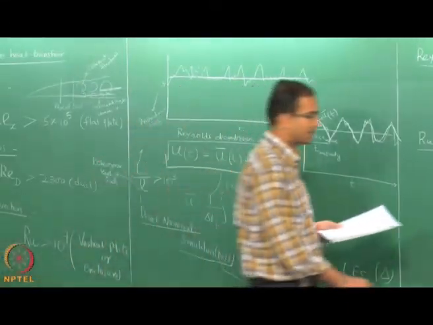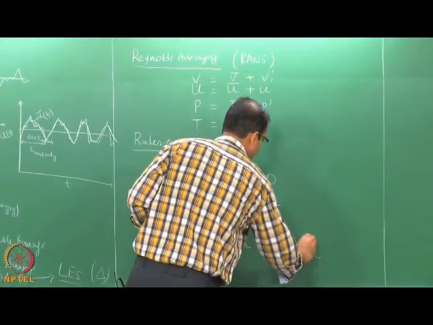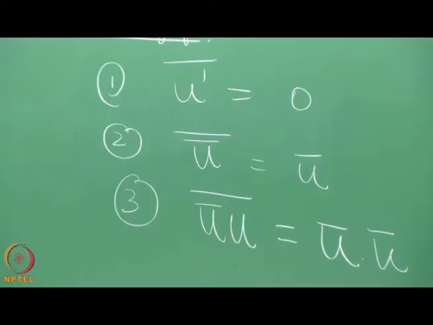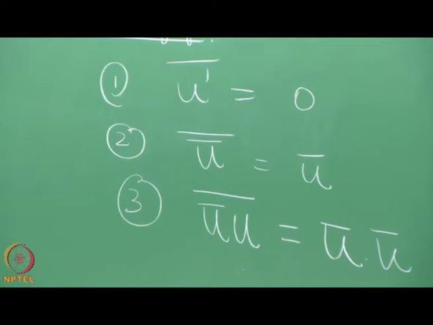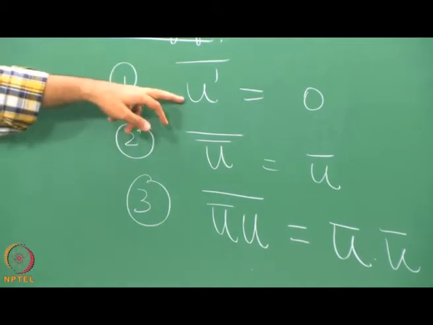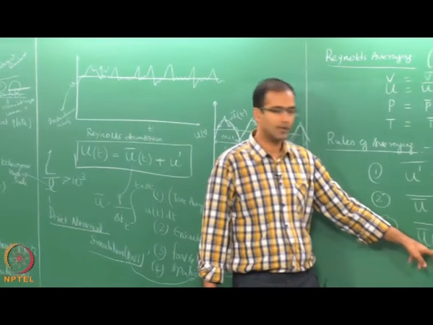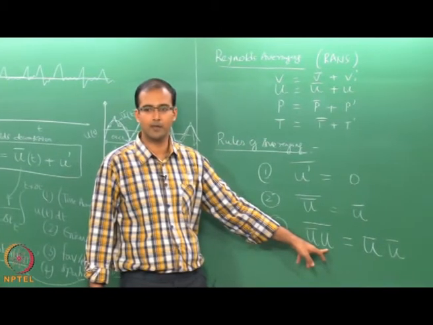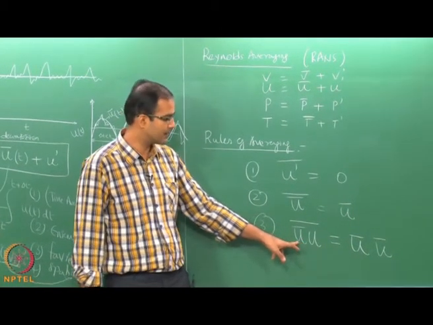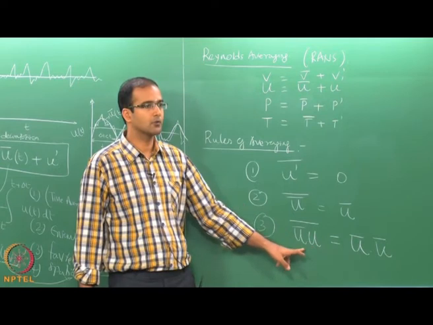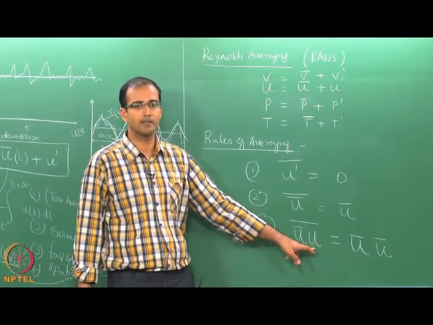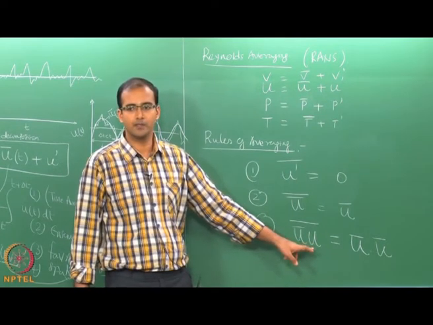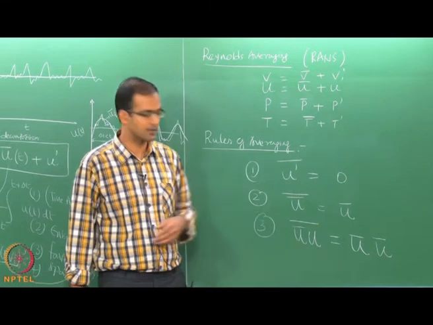It is nothing but the mean component again. Because the fluctuation average is 0, if you substitute u bar plus u prime, you get u bar u bar plus u bar u prime, and since u prime average is 0, that will be 0.